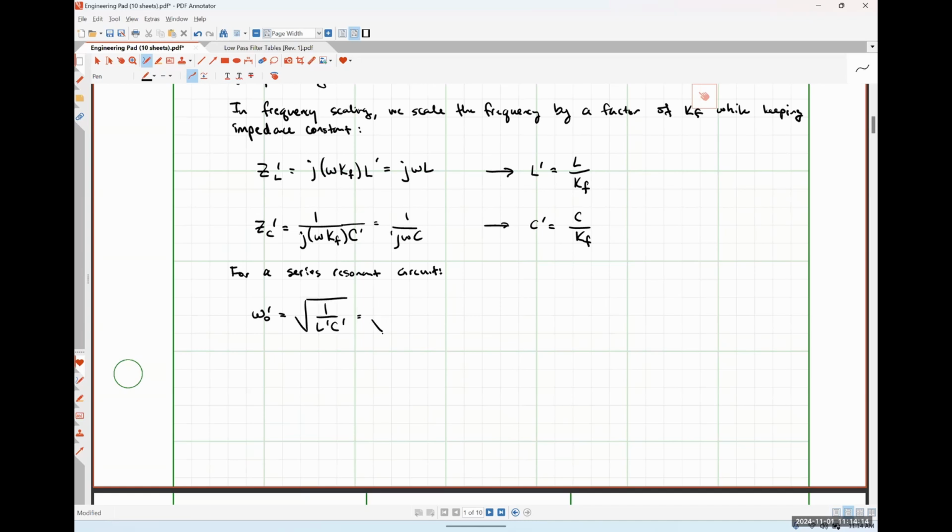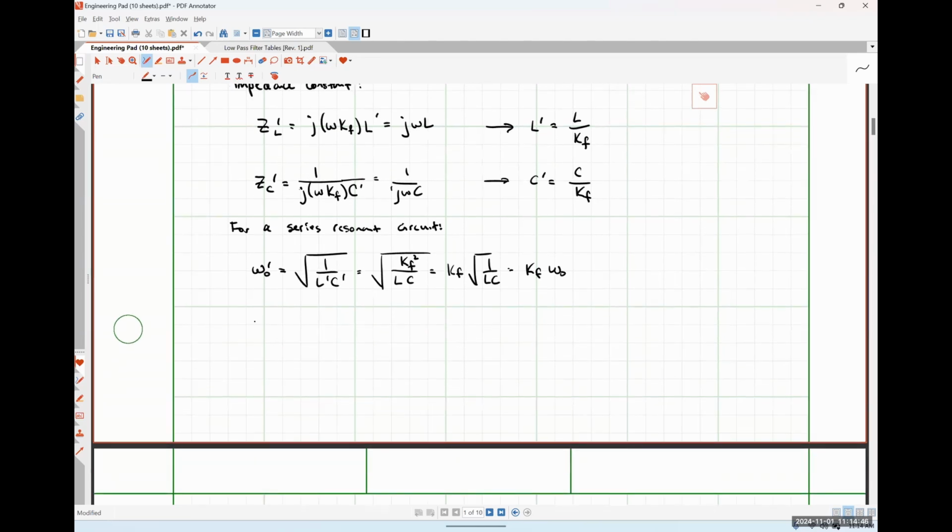And so we're going to have an L and a C in our denominator. Since they're both divided by K_F, that's just going to put a factor of K_F squared in the numerator, which is simply K_F times the square root of 1 over LC, or K_F times omega naught. So our resonant frequency is going to be shifted by that scaling factor. That's the whole point of frequency scaling.